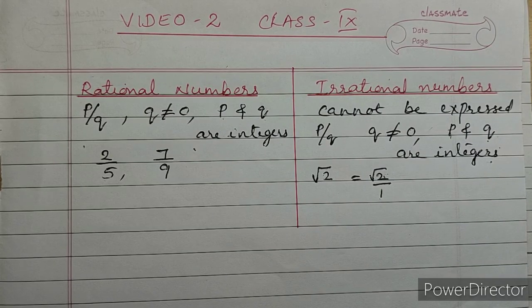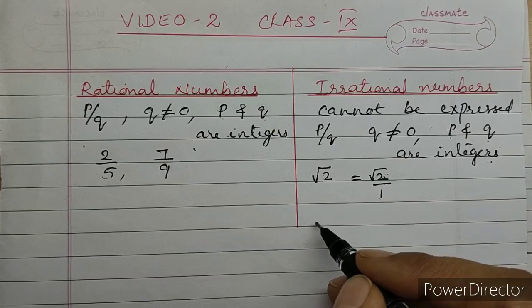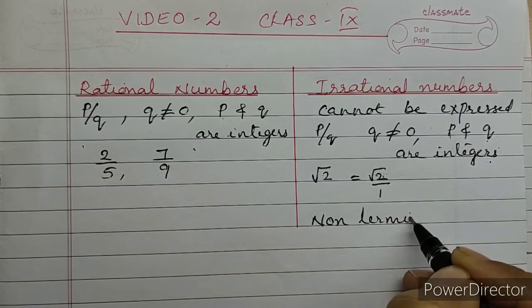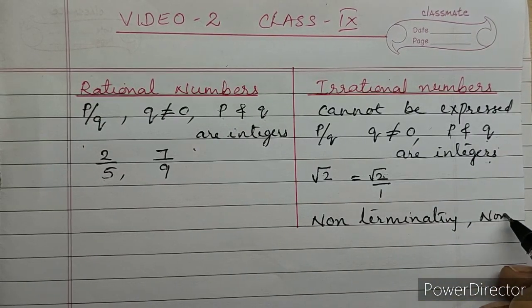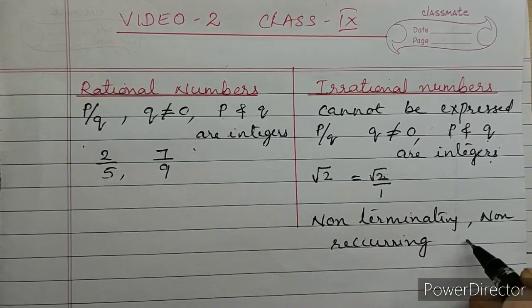Now we will check the decimal expansion of rational numbers and irrational numbers. You know that in last class I have told you irrational numbers, one more definition is there, non-terminating, non-recurring decimals.